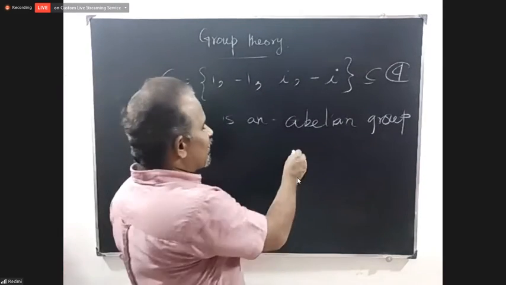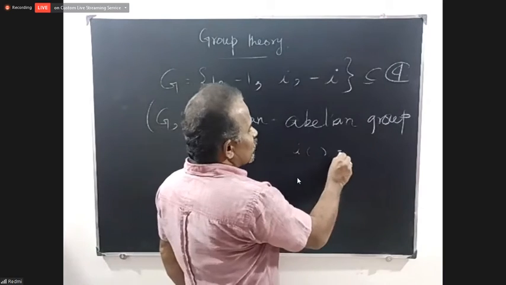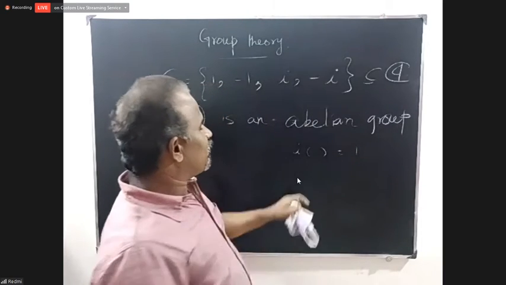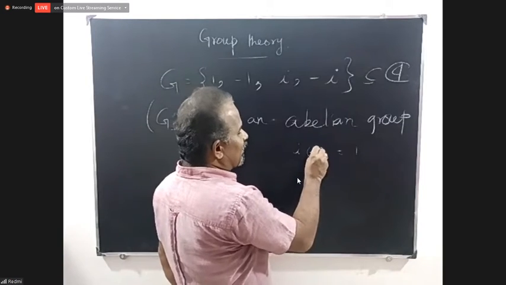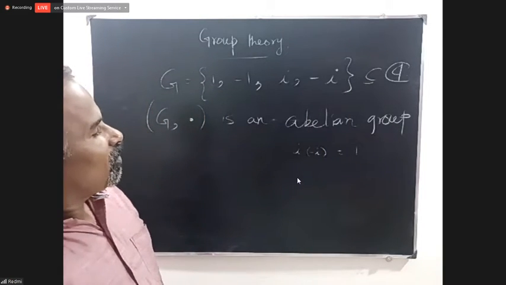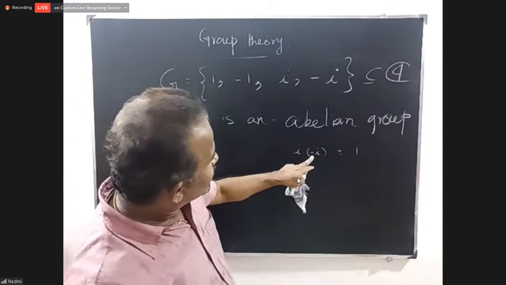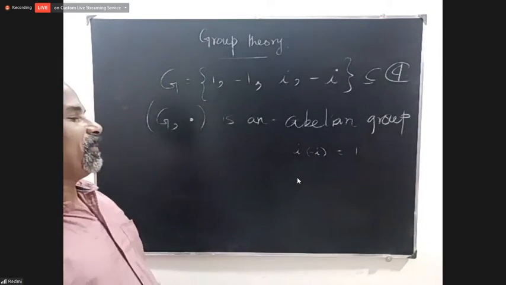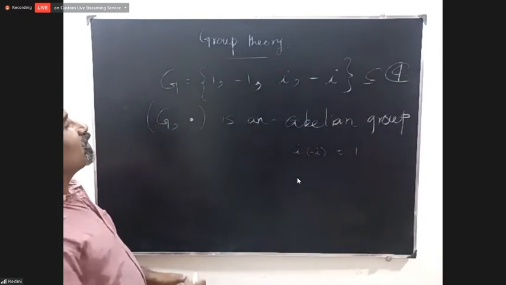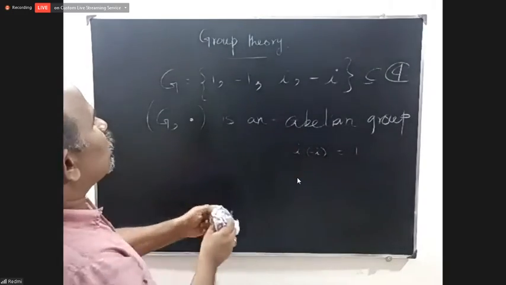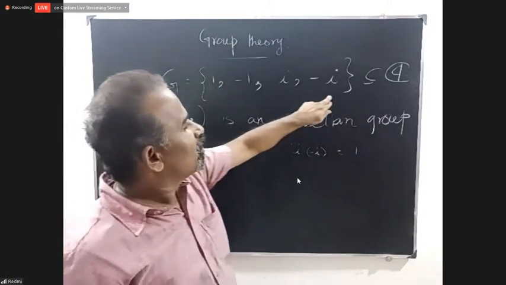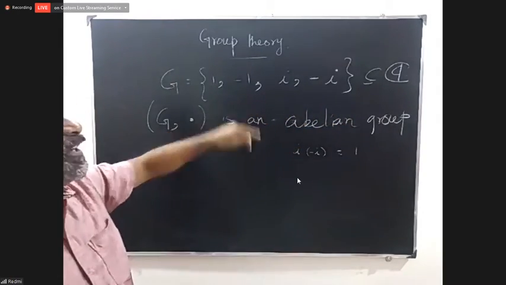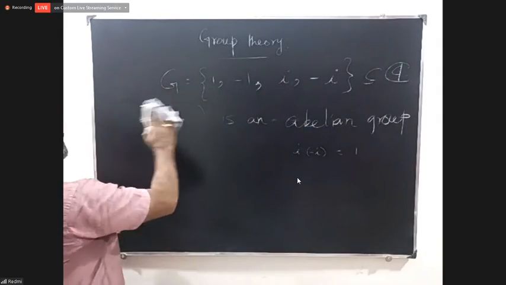The inverse of i, what will be the inverse? Inverse of i is equal to minus i. Inverse of minus i is equal to i. So therefore this is also a most important group, the finite group with respect to multiplication.